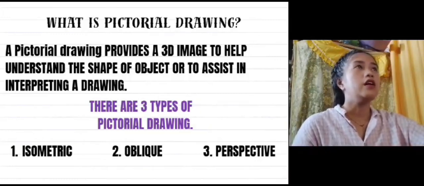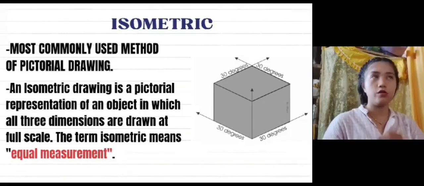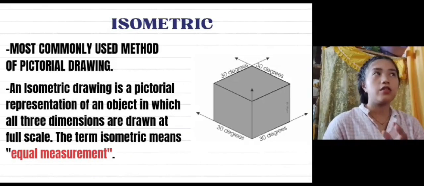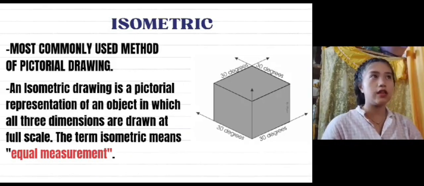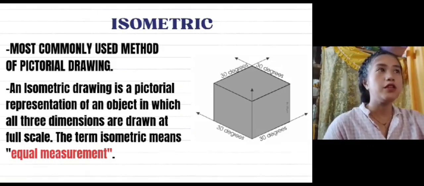So, what is isometric? Isometric is a commonly used method of pictorial drawing. An isometric drawing is a pictorial representation of an object in which all three dimensions are drawn at full scale. The term isometric means equal measurement.